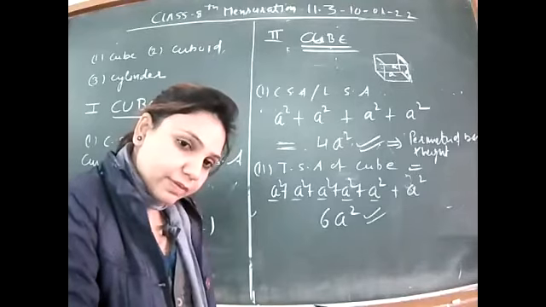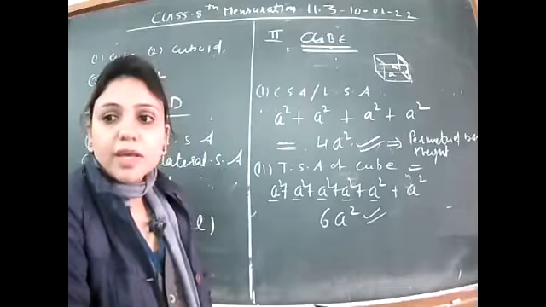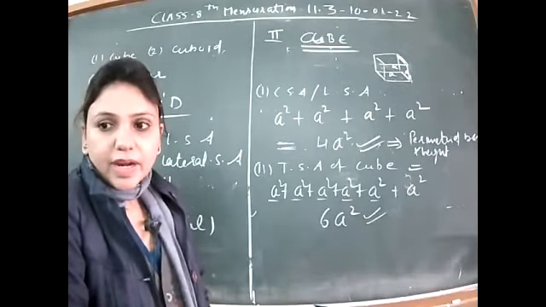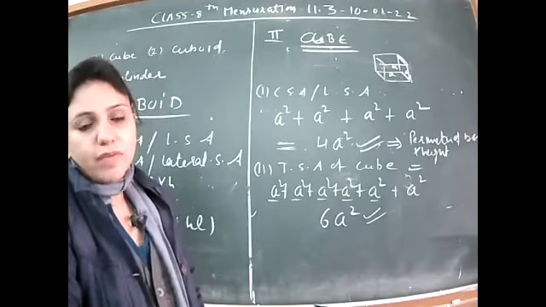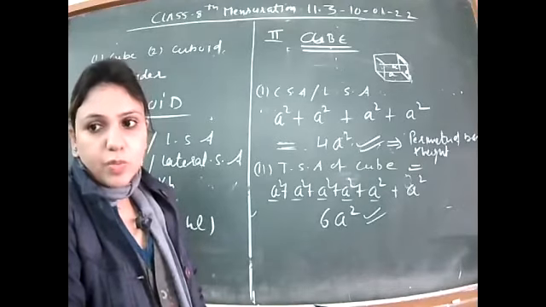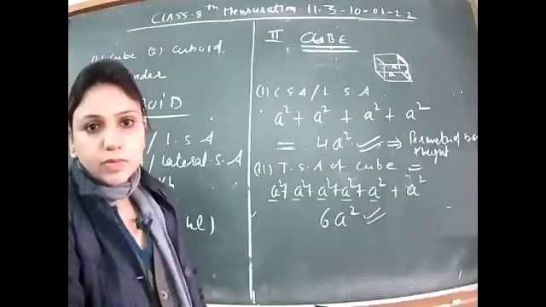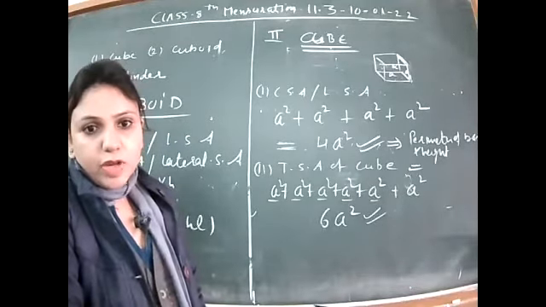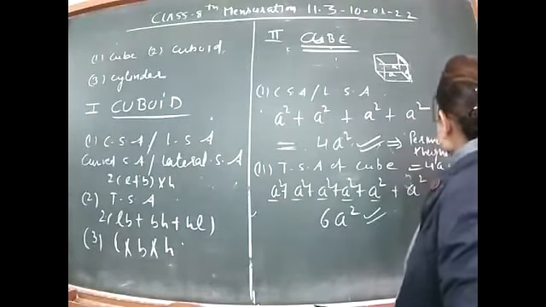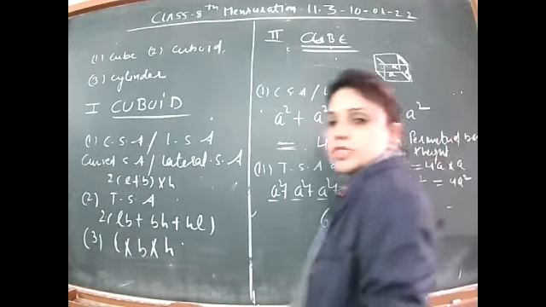And what side have we taken? We have taken side to be A, right? So what will be the perimeter of a square with side A? Somil, you tell. Perimeter of the square is 4A. Absolutely right. Perimeter of the square is 4A, height is A, and when you multiply, you will reach the same formula, 4A square.